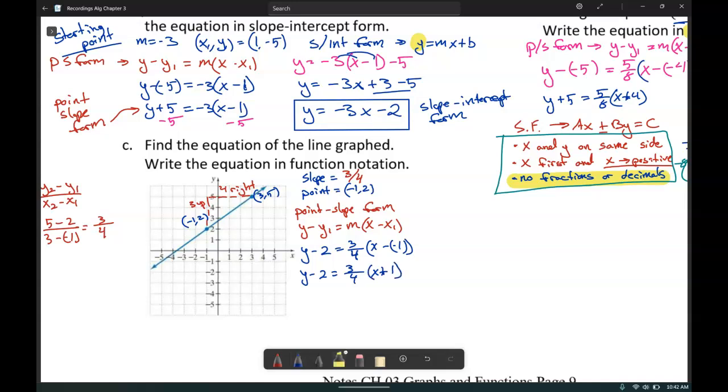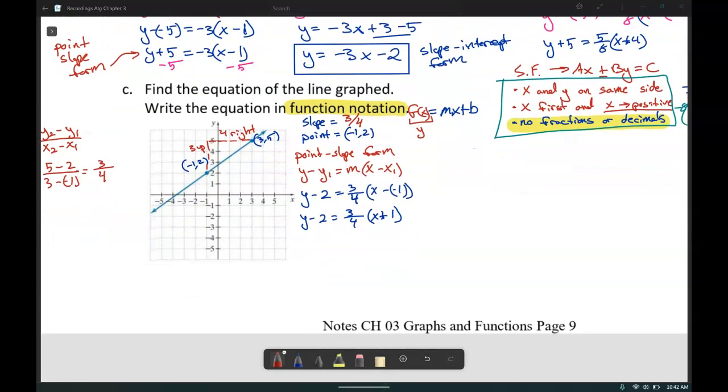Now we need our answer in function notation, which is almost identical to slope-intercept form. Instead of y equals mx plus b, it's f of x equals mx plus b. We're replacing y with f of x. This just means y.